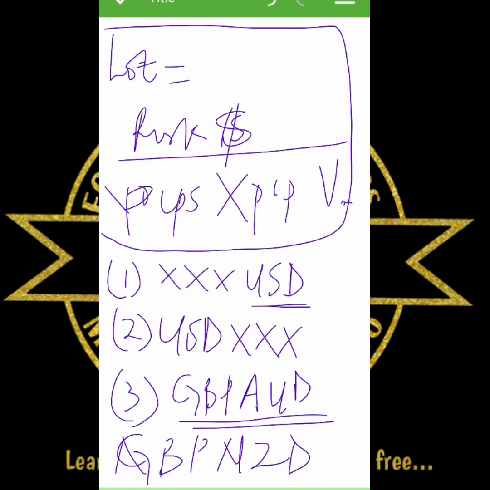But first, the first category, for the purpose of understanding, is currencies that are quoted in USD, that is, the last currency in the pair is USD. The second is the currency where the base is USD, that means the first currency in the pair is USD. The third category is a currency pair where neither currency is USD, like GBP AUD, GBP NZD, and so on.